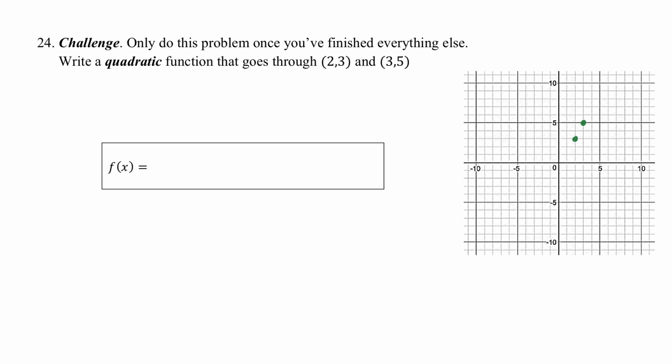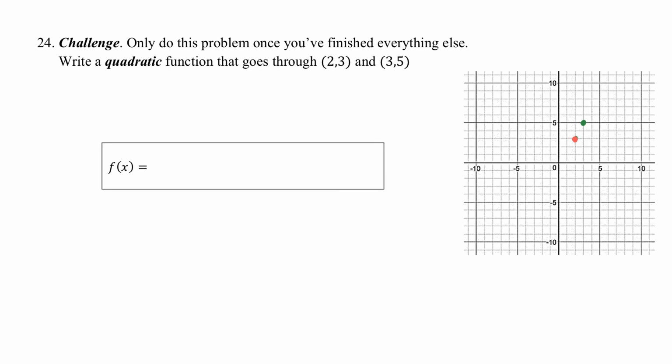So I was thinking that here's how I would solve this one. I would first realize that it looks to me like we're probably going to have a parabola that goes up like this. I guess technically you could have a parabola that opens down that would still work here. But let's assume that we're opening up like that. And just for the sake of making this problem easier, I'm going to assume that this red dot here at 2, 3 is the vertex of the parabola.